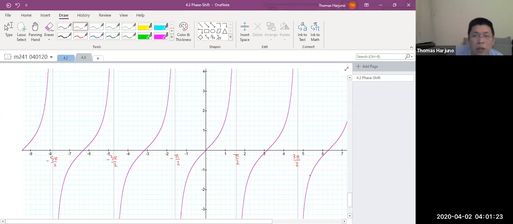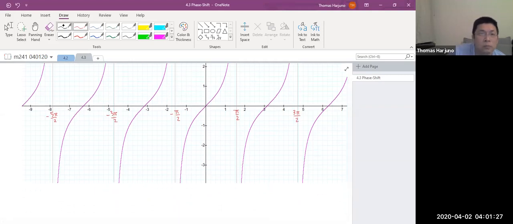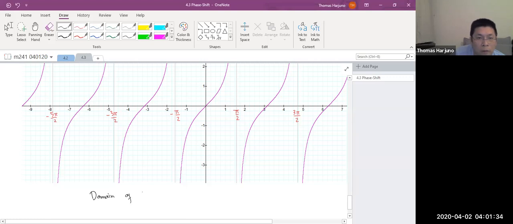Okay, so we say that the domain for tangent x, what kind of value we can use for x, is all x where x is not equal to pi over 2 or any integer multiple of pi.